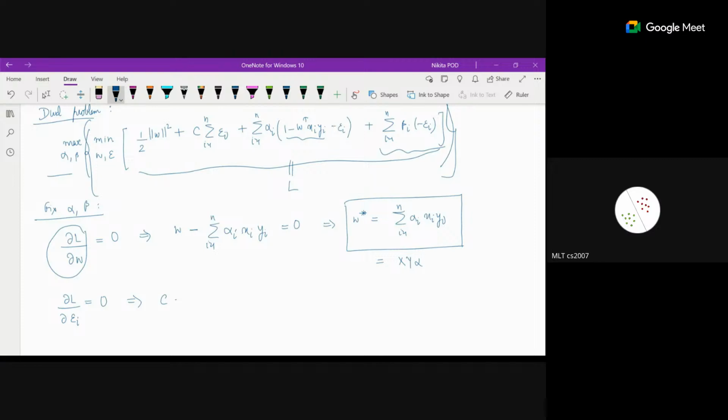So you get minus alpha I. Now for the third term, you only have beta I epsilon I. If you differentiate this with respect to epsilon I, you get only beta I, so again you have minus beta I. If you equate it to 0, you get C to be alpha I plus beta I.